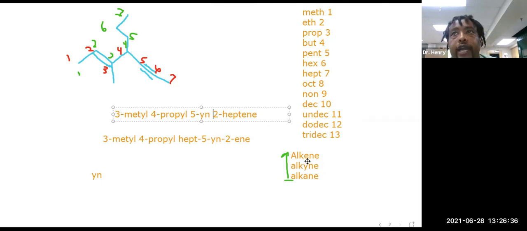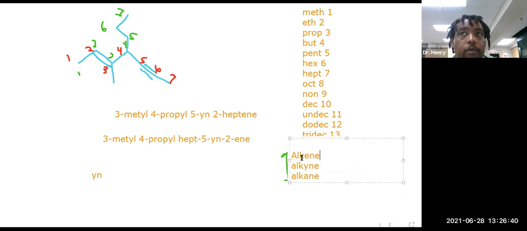So I'm going to start writing what we call our prefixes and our suffixes. They're not truly prefixes, but they go in between. The prefix for this guy is just EN. The prefix for this guy is YN. And AN we don't worry about. The suffix would be ENE. The suffix for this guy is YNE.